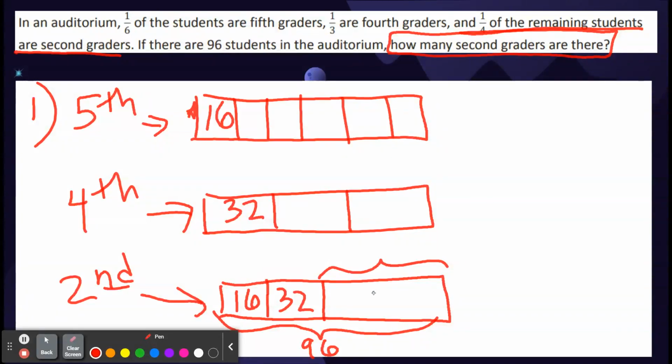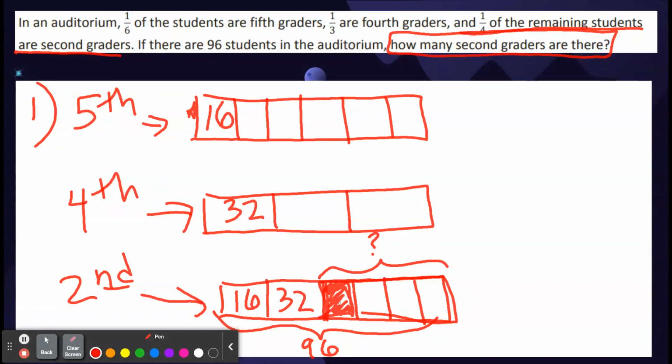They're actually not. 1/4 of them are second graders. So whatever portion is left over, I need to divide that into fourths. So I have 1, 2, 3, 4. And I know that 1/4 of my remaining students is second graders.